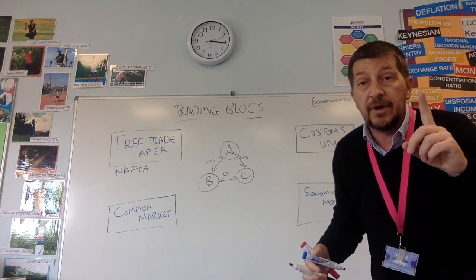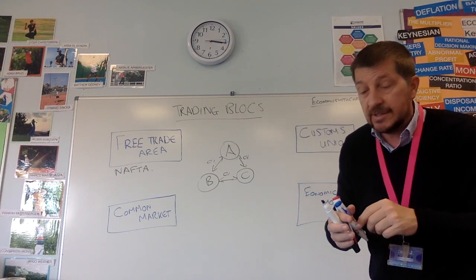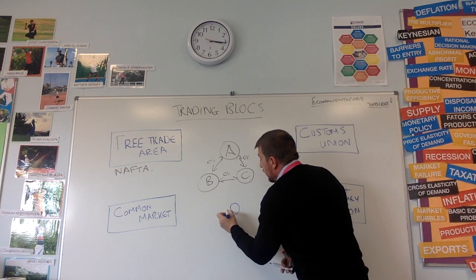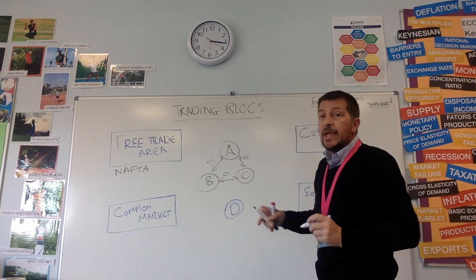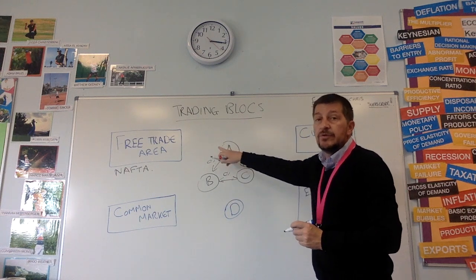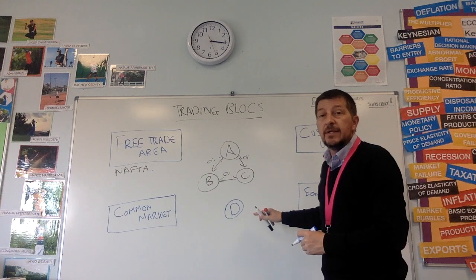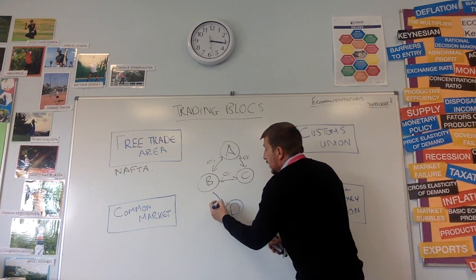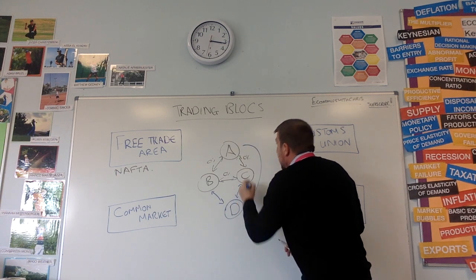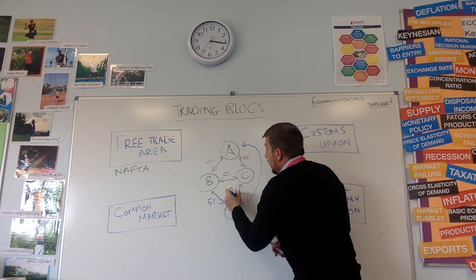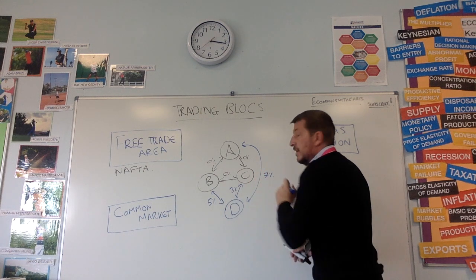However, and this is the key to understand this concept, we have, say, country D, which is over here. Each of these individual countries has its own relationship with D. So A, B, and C have each negotiated a different tariff relationship.